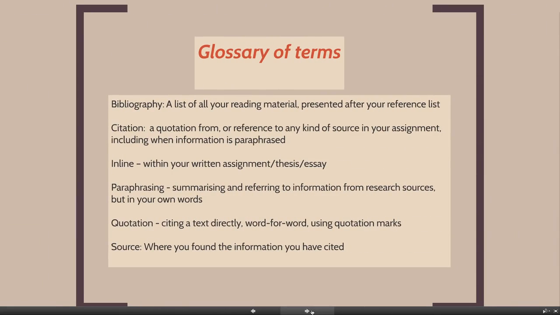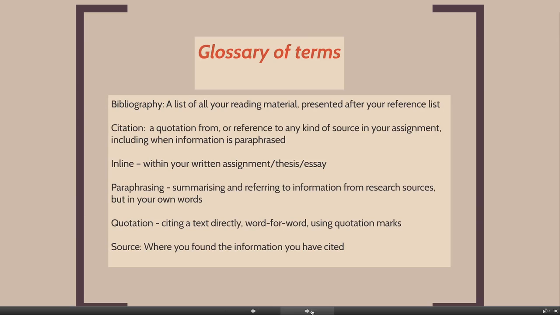Just in case you're not aware of the key terms, bibliography. Now this is a list of all your reading material presented after your reference list. Citation is a quotation from or reference to any kind of source in your assignment, including when information is paraphrased. And we've covered that already in our research module. We're going to look at that more closely, how we reference our citations.